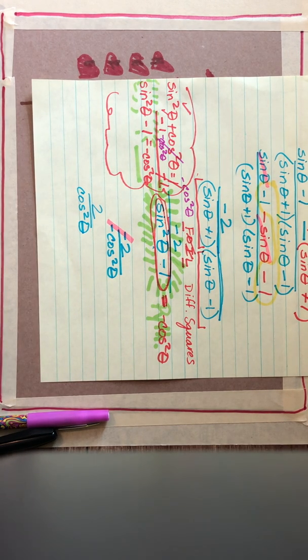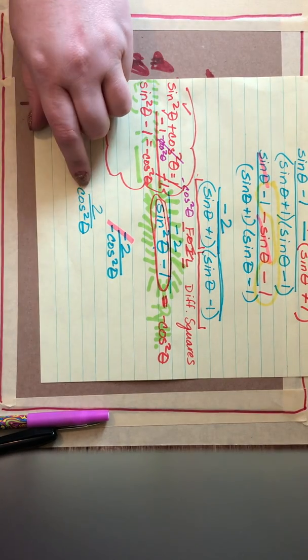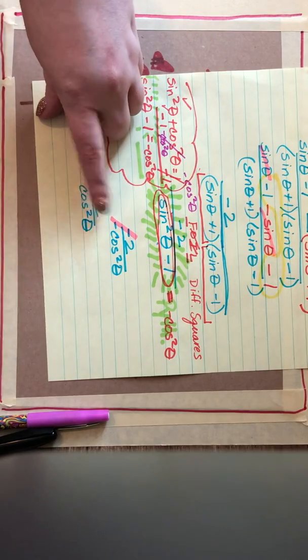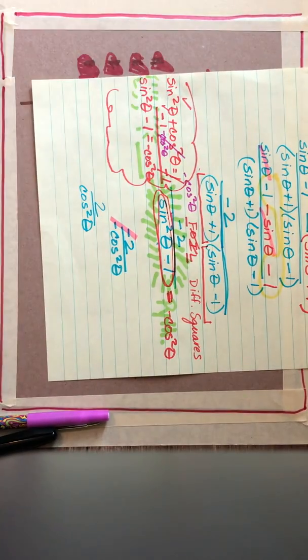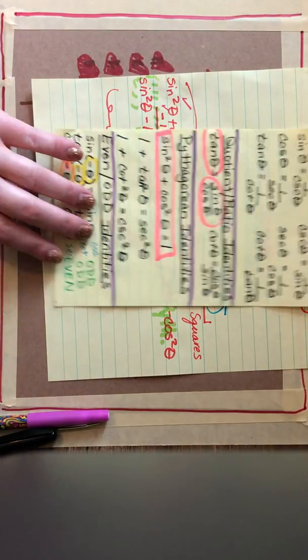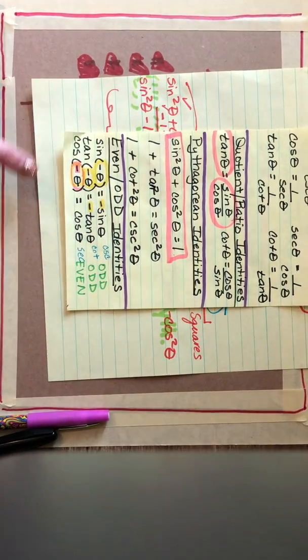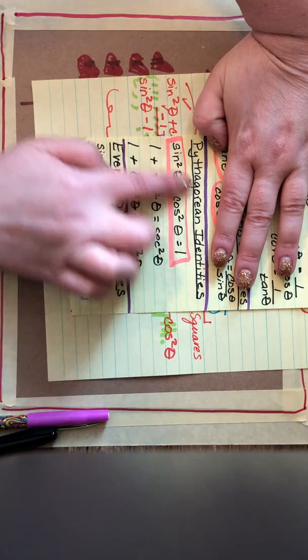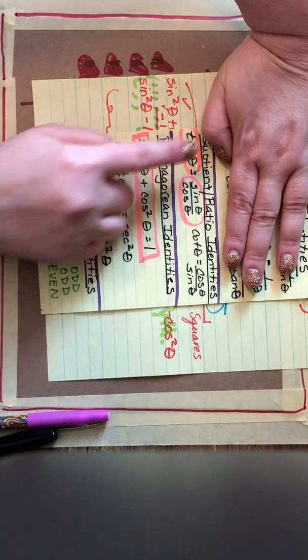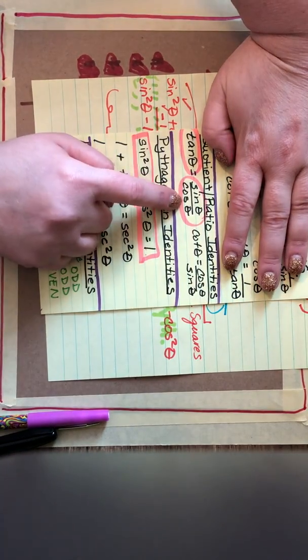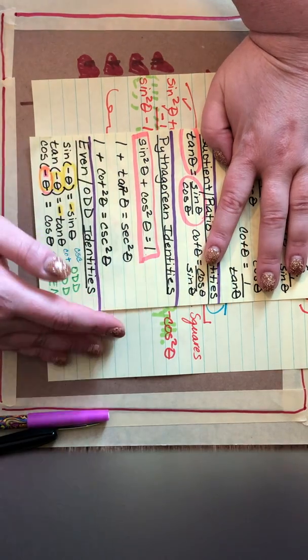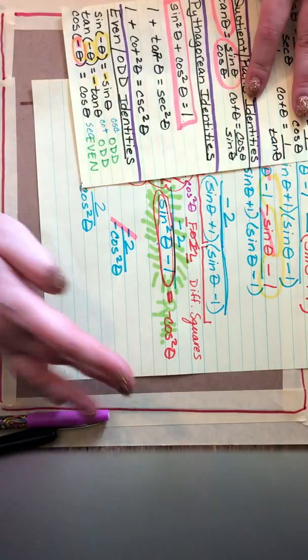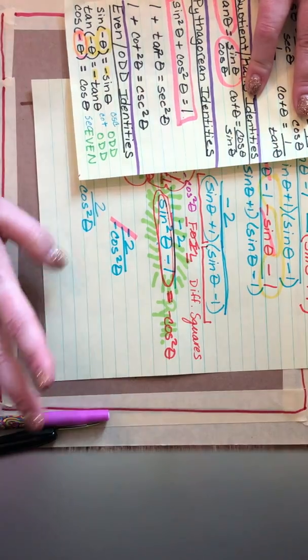And I'm actually going to use an identity. Let's look for something that has a fraction with cosine on the bottom. Okay, even odd, no fraction with cosine on the bottom. Pythagorean, no fraction with cosine on the bottom. Quotient, there's a cosine on the bottom, but I don't have a sine on top here, so that's useless.